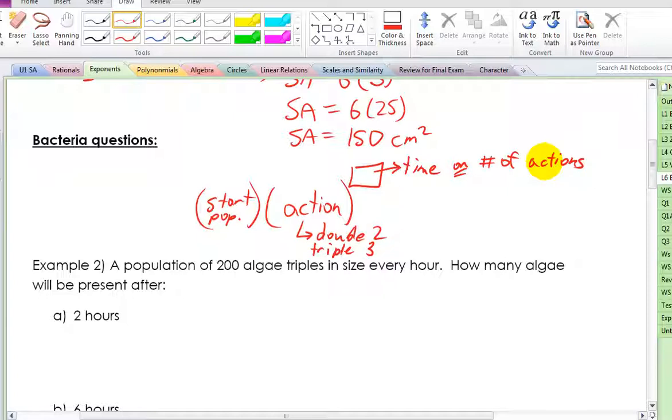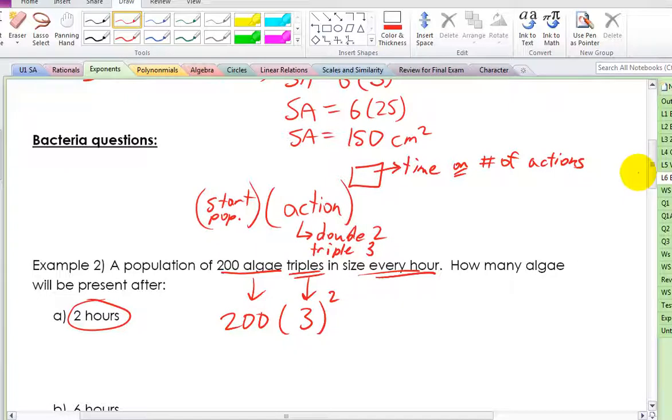So for example, we have a population of 200 algae. So 200 goes at the beginning. The action is tripling, so it goes 3. Now how many times does it triple? Well, it triples every hour, and we want to find out after 2 hours. So what would be your exponent? 2, because it triples twice.